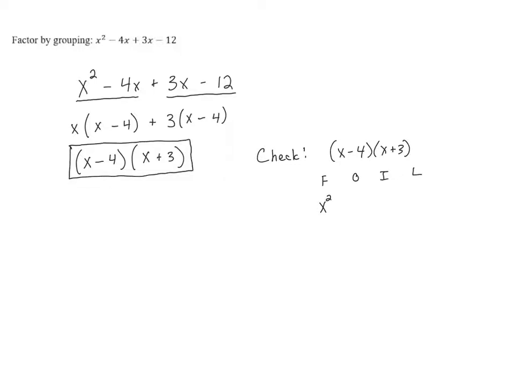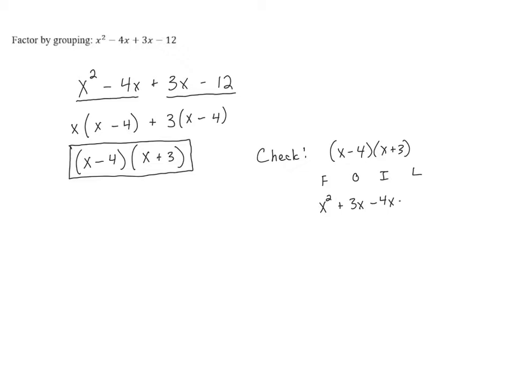If we look at the outer terms, x times 3 is going to be 3x, so we've got plus 3x. If we look at the inner terms, negative 4 times x is going to be negative 4x, so we've got minus 4x. And then if we look at the last terms, negative 4 times 3 gives us negative 12, so we've got minus 12.